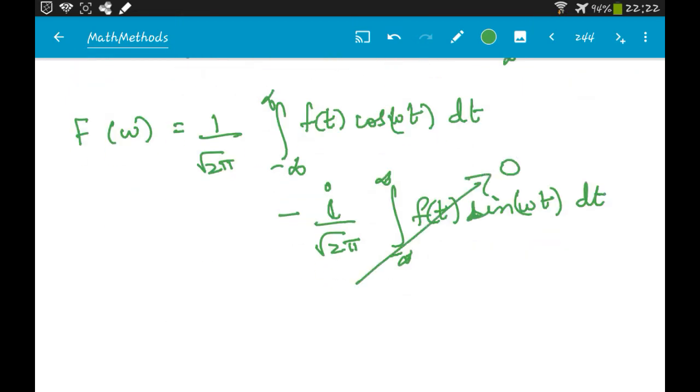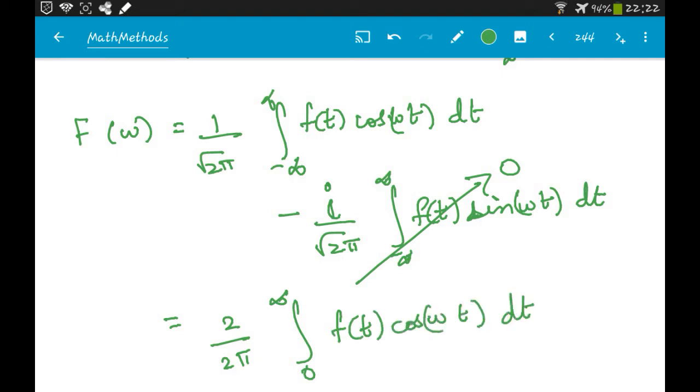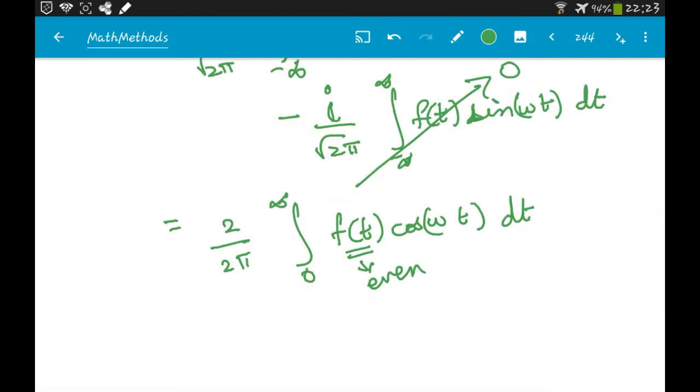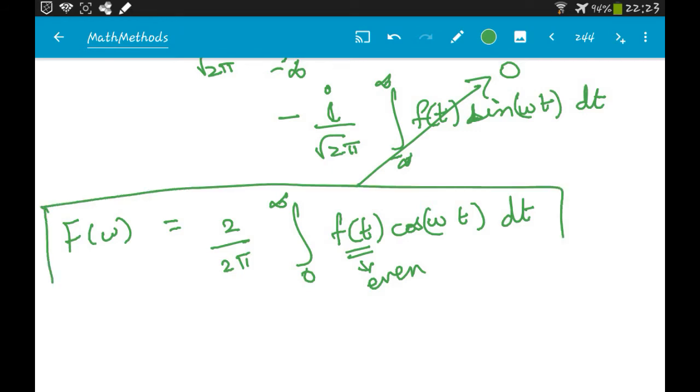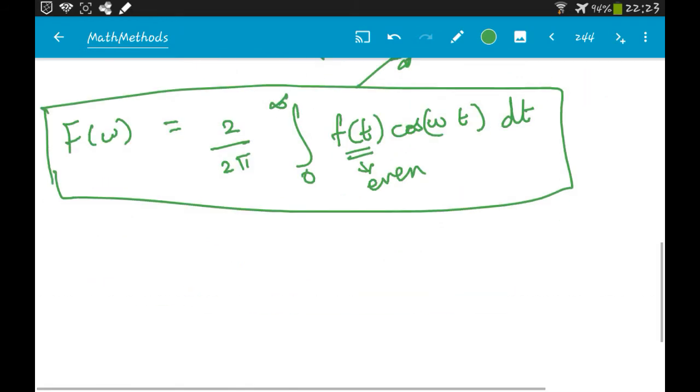So this integration is going to be 0, and the other one is going to be 2 times the integration from 0 to infinity f of t cos omega t dt. This is because f of t we considered as an even function. If it is an even function, then this would be the case.